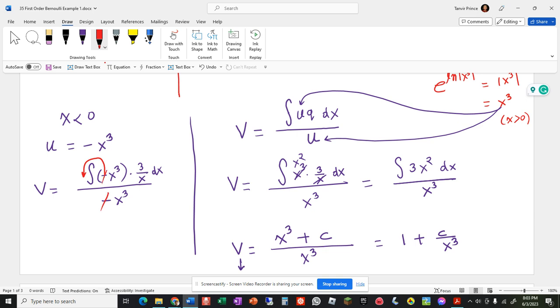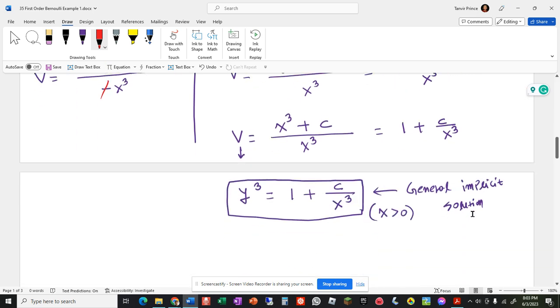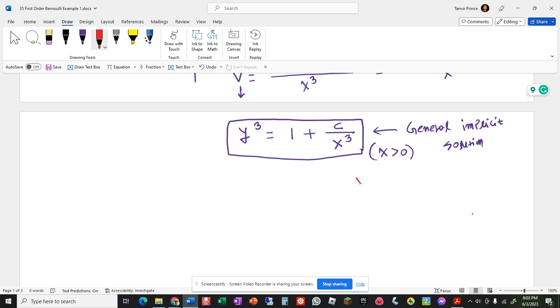So you actually end up with exactly the same calculation as before. So actually nothing changes. At the end of the day, the same answer is also true for x less than 0. So this will be the answer for all x except, sorry, x not equal to 0.